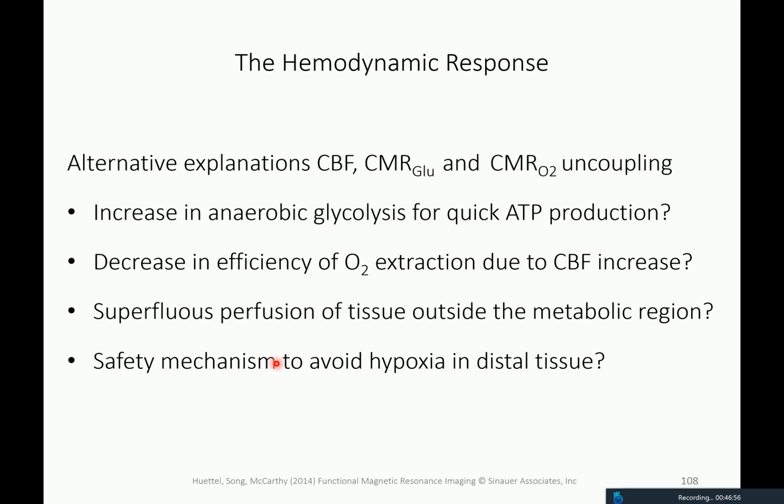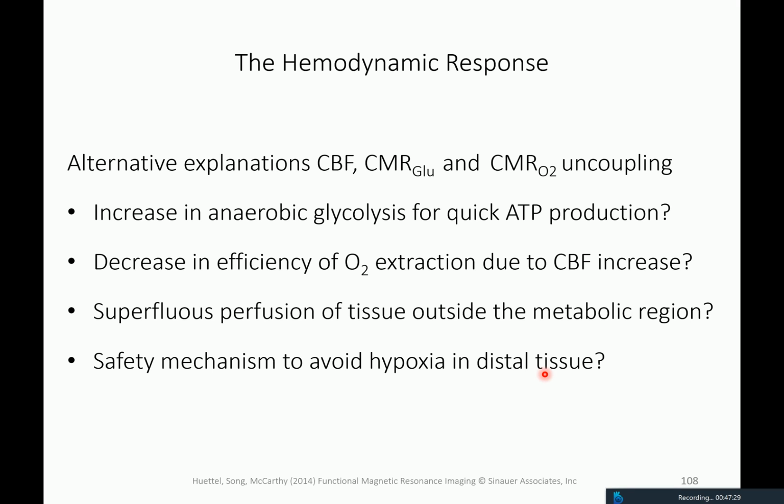The metabolically active region is the region where one sees this increase in oxygenated hemoglobin, and although it's too high there, it's because oxygen is actually being metabolized in this active region, and this over-perfusion is just to keep distal tissue, which is not metabolically active, safe, in that it gets its usual oxygen. That's the difference.